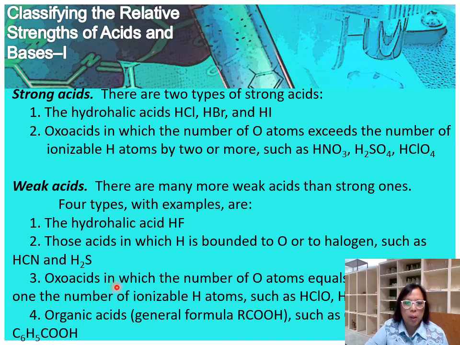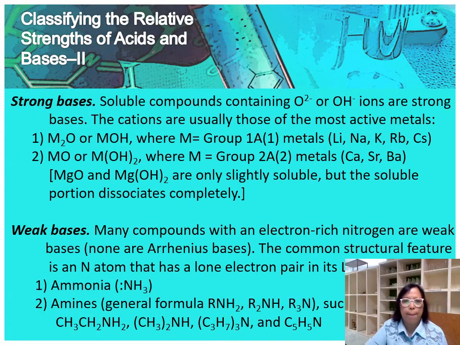And then you also have the oxoacids, which I have made mention of already. Still, these are examples of strong acids and weak bases.